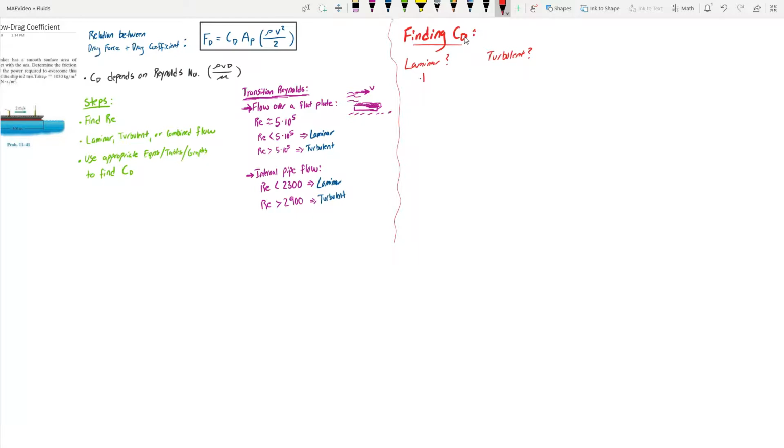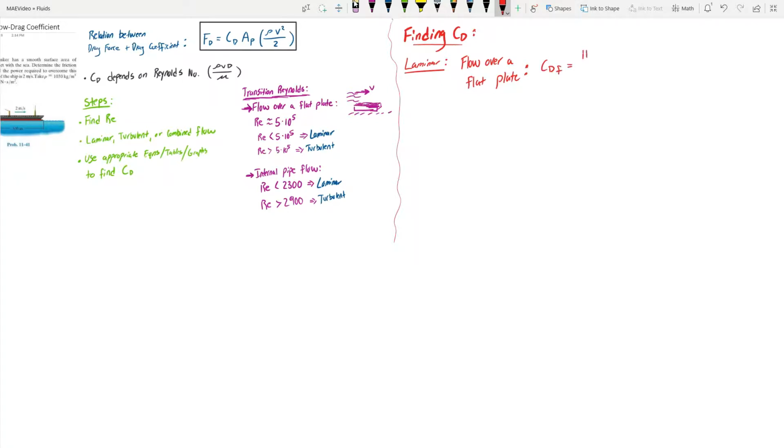So for laminar, if your flow is laminar, and let's say it's a flow over a flat plate, then we can find the drag coefficient with this following relation.